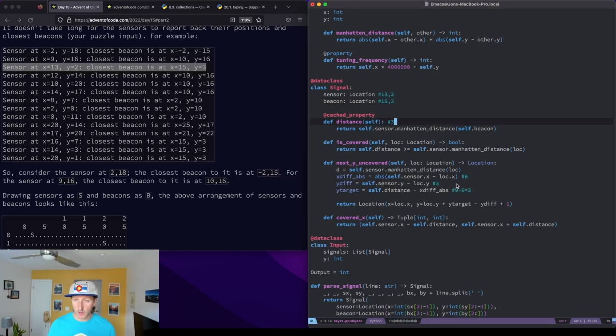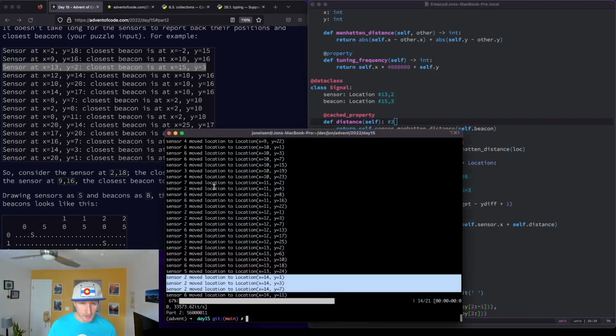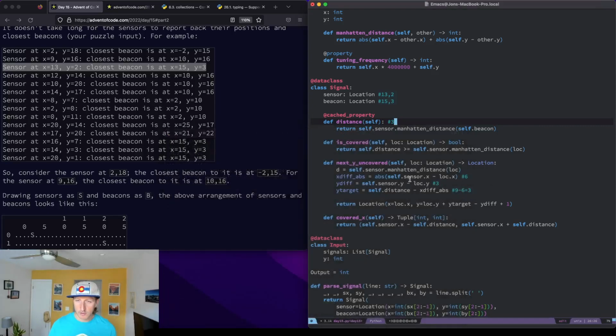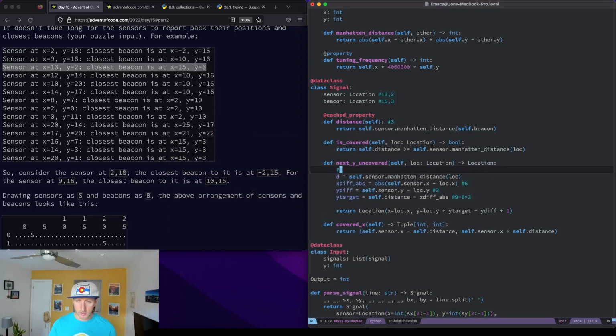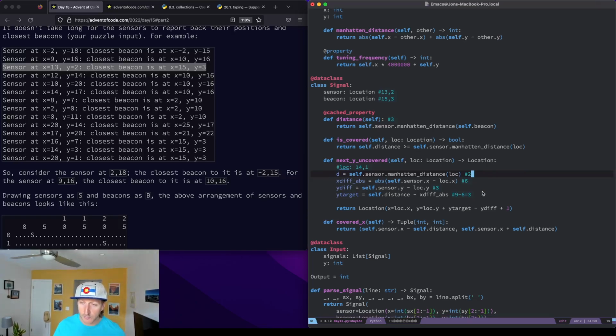And we're looking at location 14.1. So the Manhattan distance from the sensor to the location is going to be 2. The X diff absolute value is 14 minus 13, absolute value is 1. The Y diff is going to be 2 minus 1, which is 1. Oh, this should be -1.